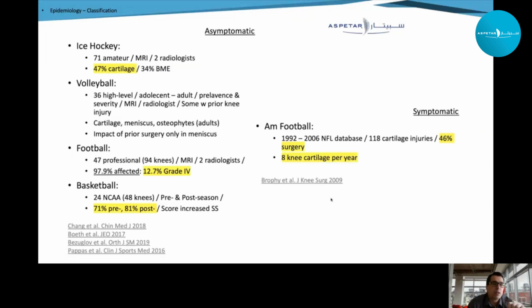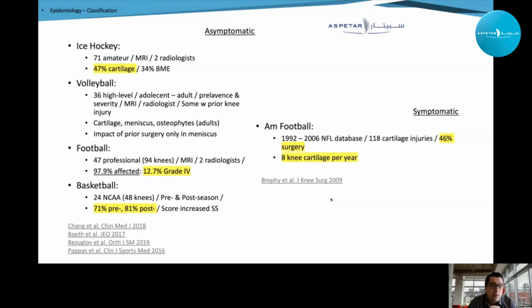several researchers looked into different sports, and we all now know for a fact that we do have asymptomatic patients. We do not know what exactly will happen down the line in their career. For example, in amateur hockey, 47% of cartilage defects were diagnosed by MRI in asymptomatic players, and I stress this again, people.